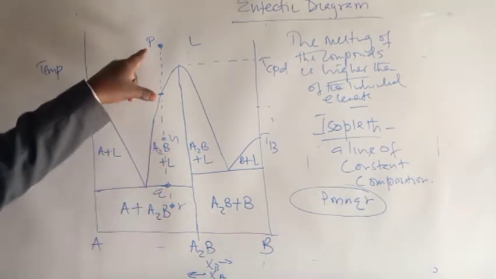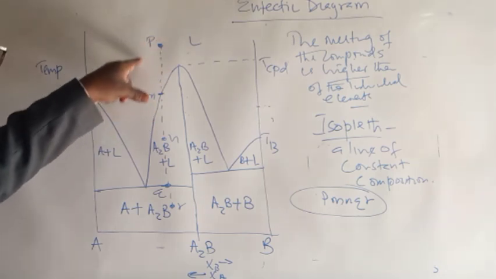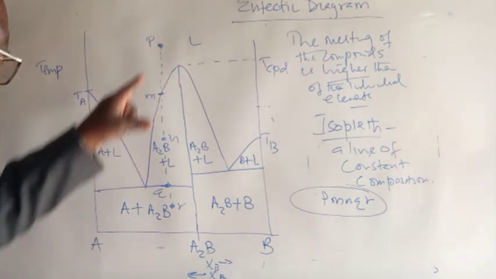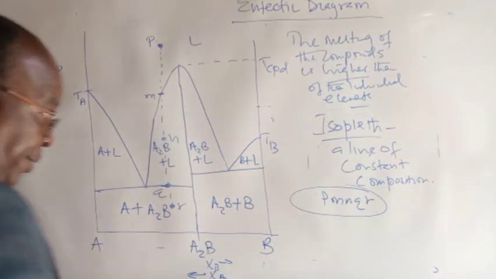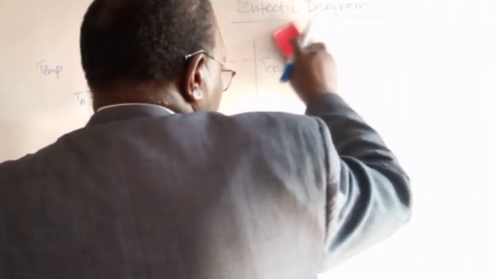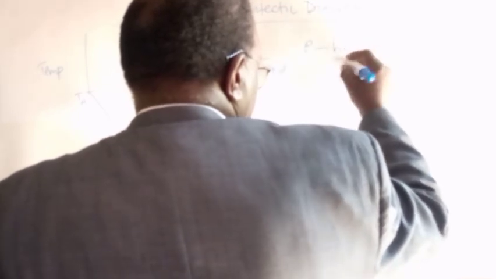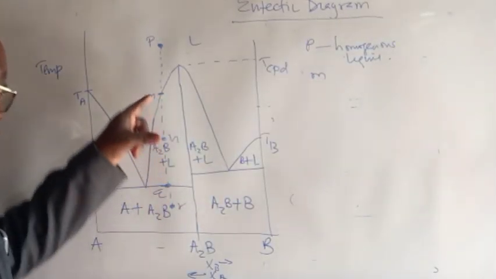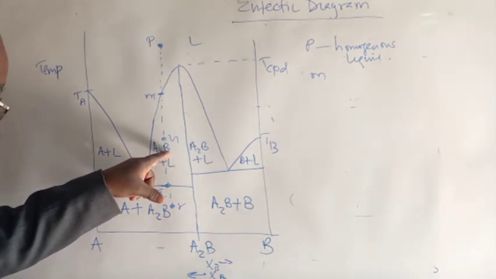Now, what happens? At state point P, we have the homogeneous solution, that's the liquid. As we lower the temperature, we will reach the point M. When we reach M here, we will have the first crystals of AB2 crystallizing out.